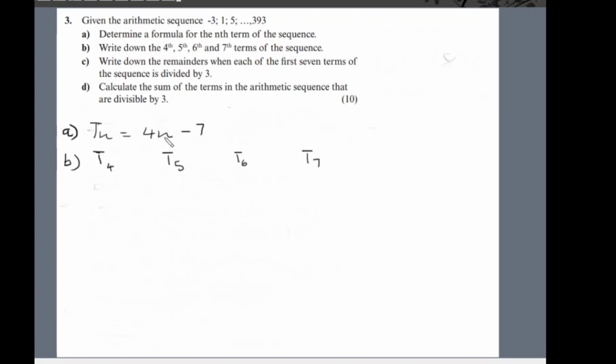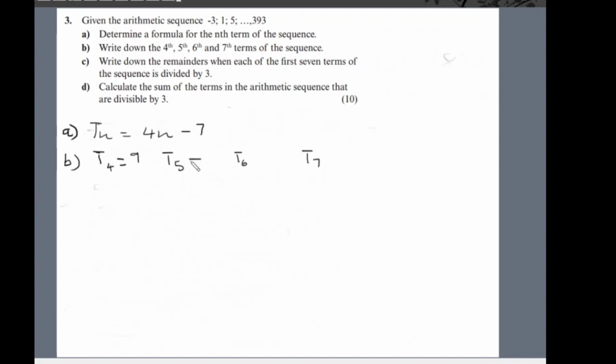Now substitute our values into the formula for Tn from A. T4 is equal to 4 times 4 minus 7, so T4 is 9, right?